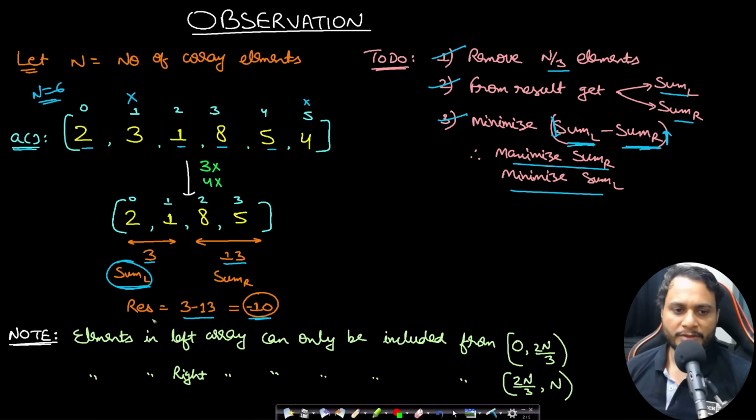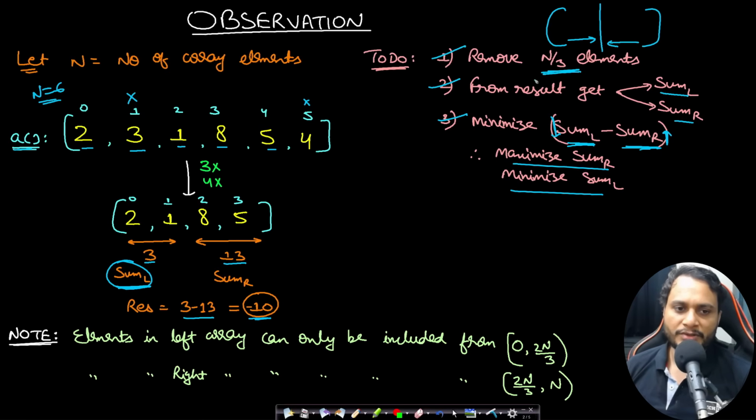In this case, if I ask you what elements can you actually have in the left array, that means in the left partition, you can never have this 4 and 5 in the left partition. Even if you had removed this 3 and 1, you will end up with 2 and 8, because the problem constraint says that whenever you remove n by 3 elements, whatever array you are left with, you have to take half of the elements on the left side and half on the right side.